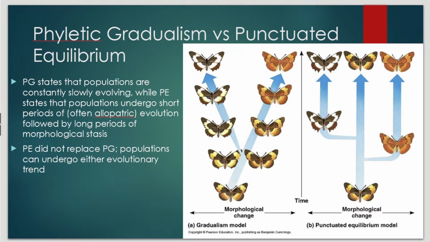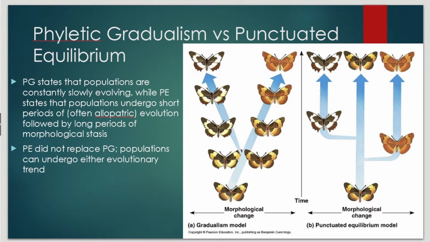Okay, phyletic gradualism versus punctuated equilibrium. I probably shouldn't have said versus, I should have said and. Well, you're contrasting them, so it still works. Sure, yeah, they're being contrasted. These are not opposed to each other. They both occur. There's this major misconception that phyletic gradualism was around and then it was replaced with punctuated equilibrium.